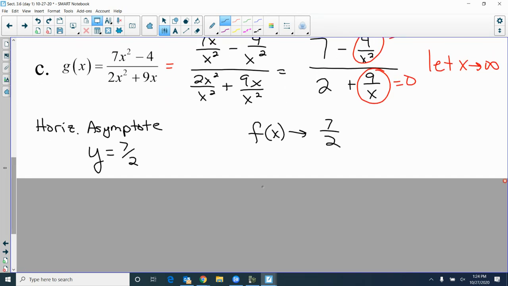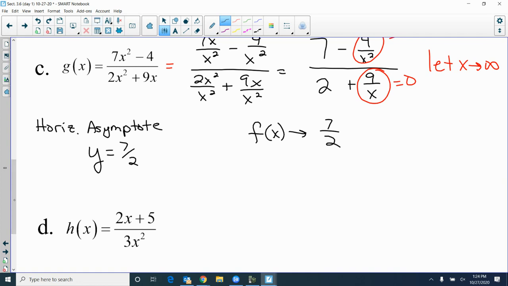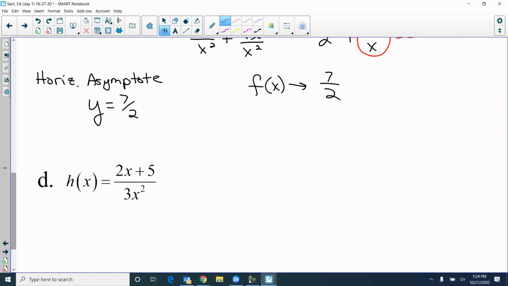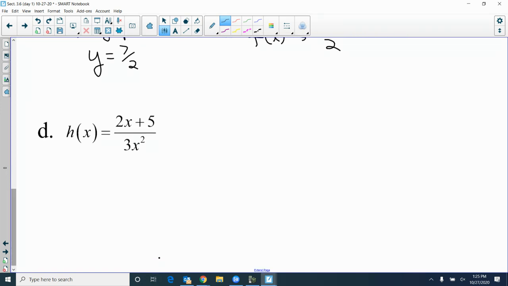All right, now there's one more, not a trick one, but one where something a little bit different happens. Take a look at this one here. h of x equals 2x plus 5 over 3x squared. Okay, biggest x value is x squared.